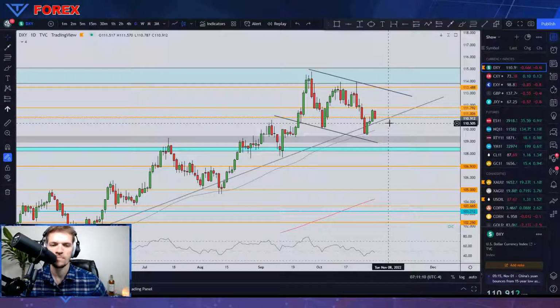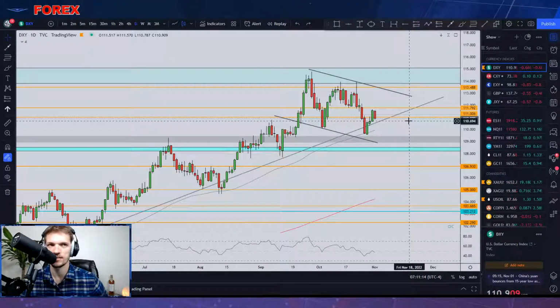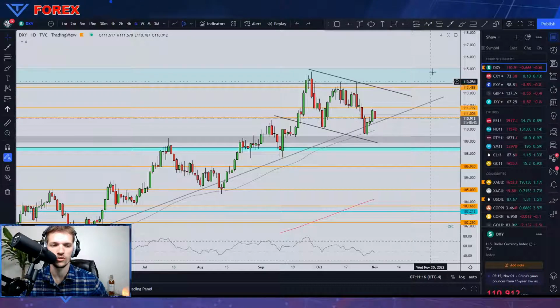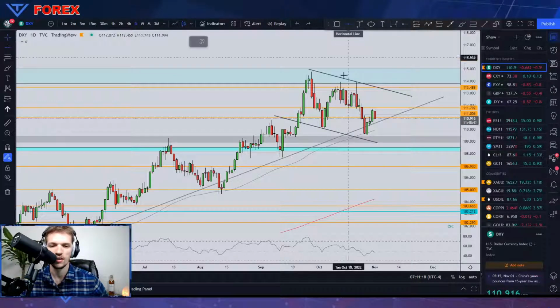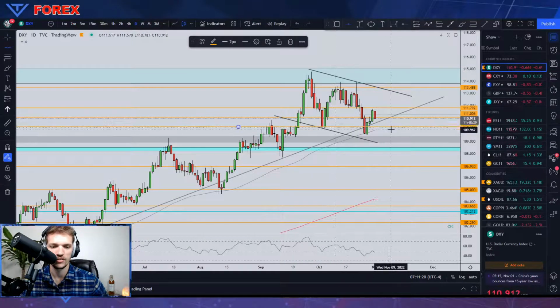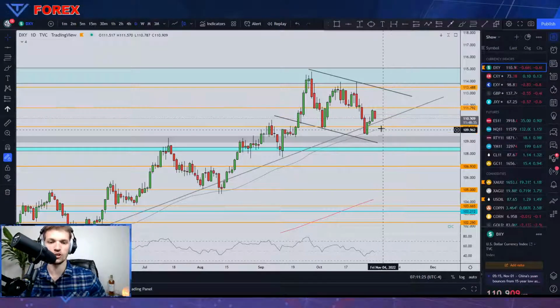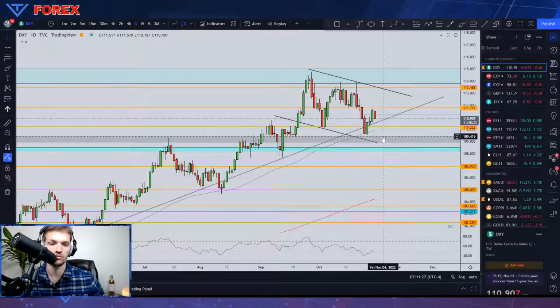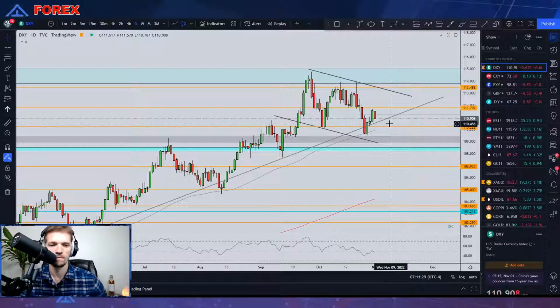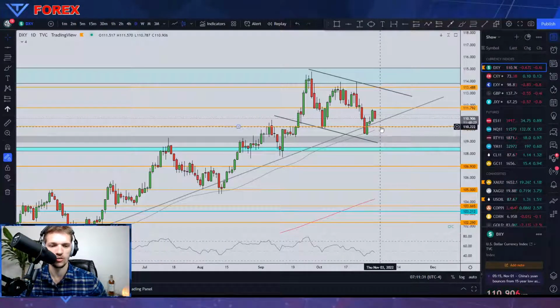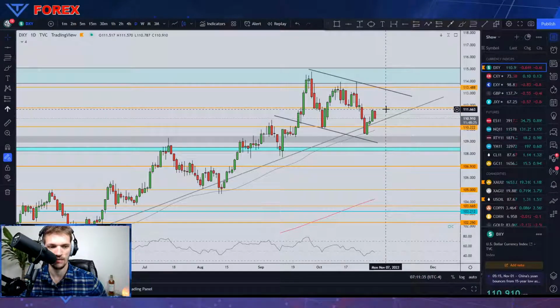So definitely keep an eye on the 110.5, 110.6 area, because it's going to give you a lot of information on whether the dollar is ready to start getting a deeper retracement. The two levels to watch are this 110.5 area and then 111.6.